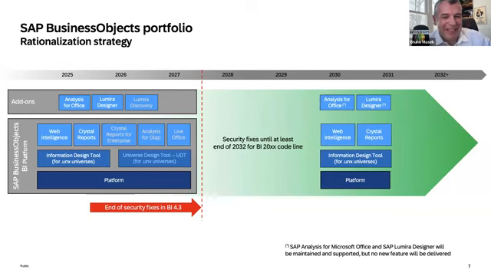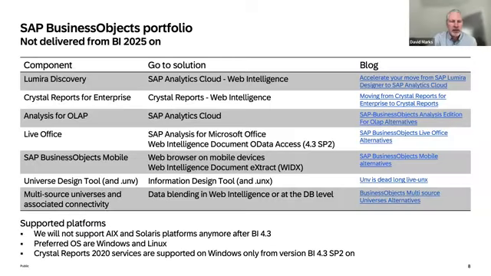Now, when we look at the individual products, right? So the Lumira Discovery, what's the go-to solution for that? That was a self-service tool for doing data exploration. So you can definitely use SAP Analytics Cloud or Web Intelligence as your go-forward.